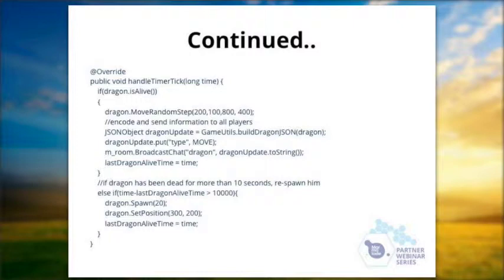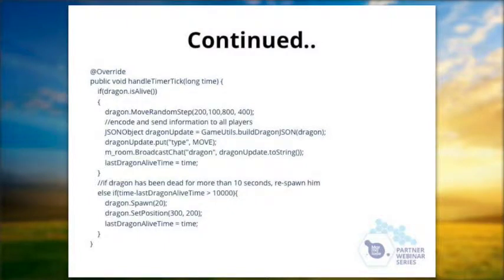Okay. Now to generate the dragon's move, we write the logic in the server-side game loop, which is invoked every time the timer ticks. This timer tick is of course configurable in the properties file that you will write on the server.